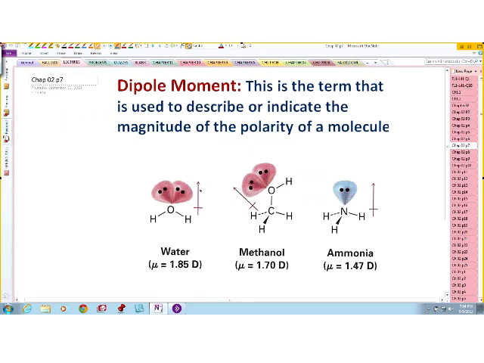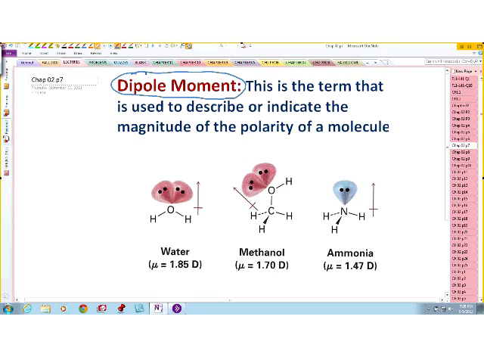Take a look at this here. That measurement is essentially an aggregate of all the polarity of the individual bonds. And we refer to that as a dipole moment. That aggregate measurement of bond polarity, we refer to as dipole moment. So we could actually measure this.